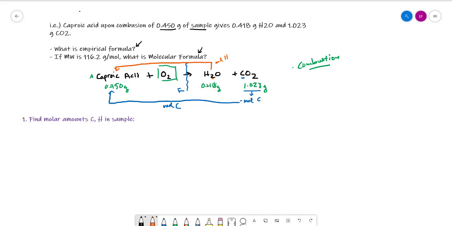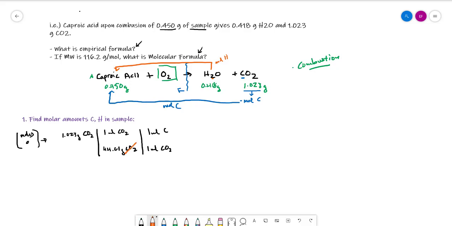Let's do moles of carbon first, and we'll set this up as 1.023 grams of CO2 is produced. I need the molecular weight of CO2, which is 44.01 grams of CO2 for every 1 mole of CO2. And for every 1 mole of CO2, I have 1 mole of carbon inside that molecule.